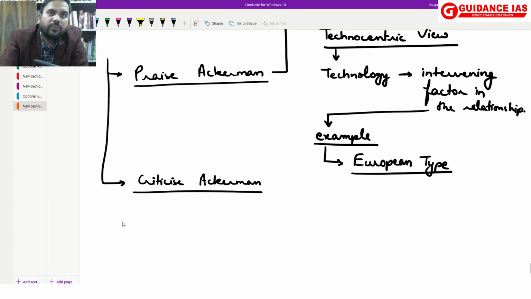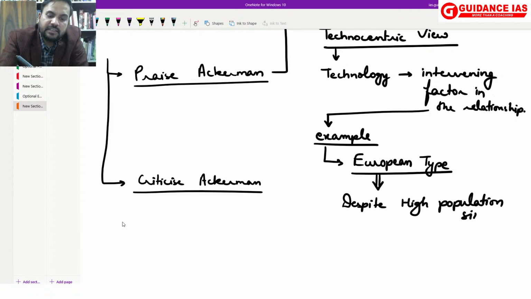So in case of the European type, can we say that here, despite the factor of high population size, we find the presence of optimum population?